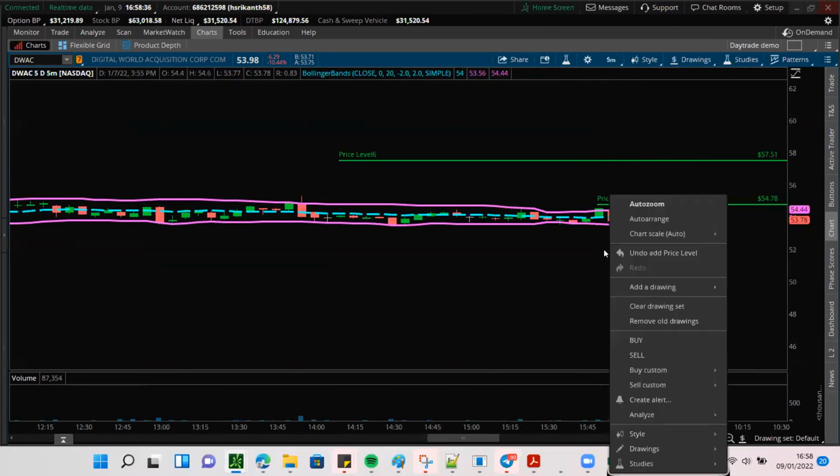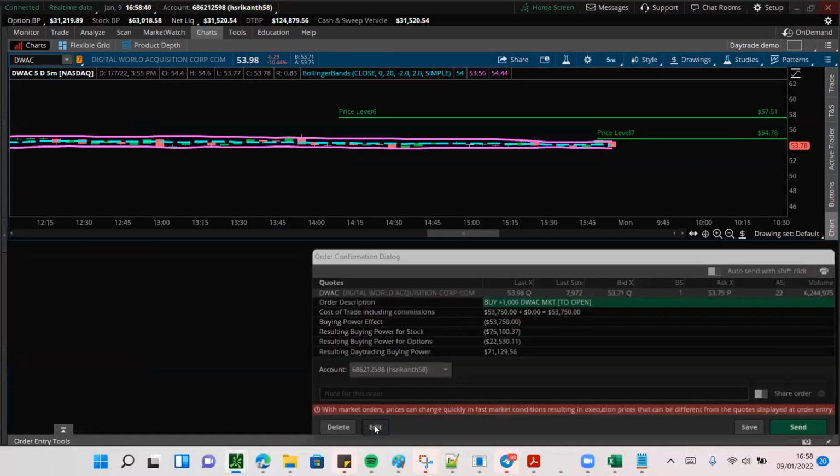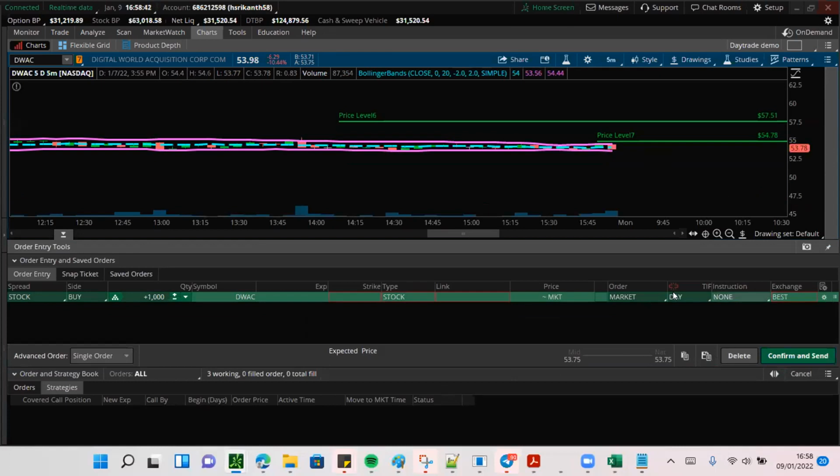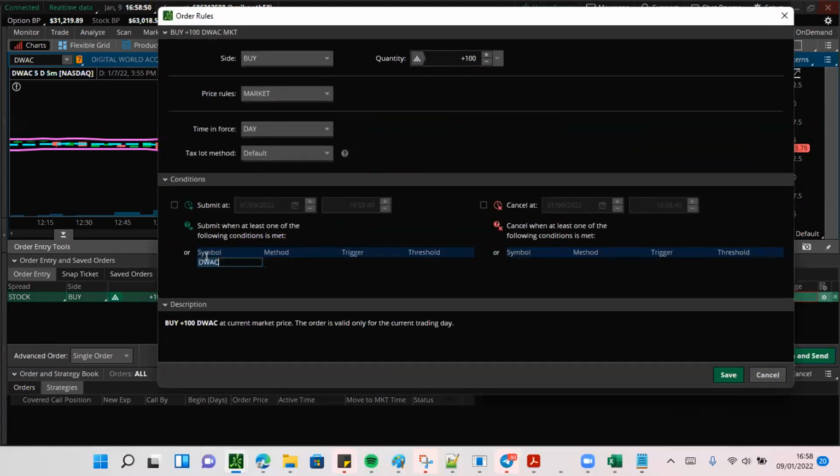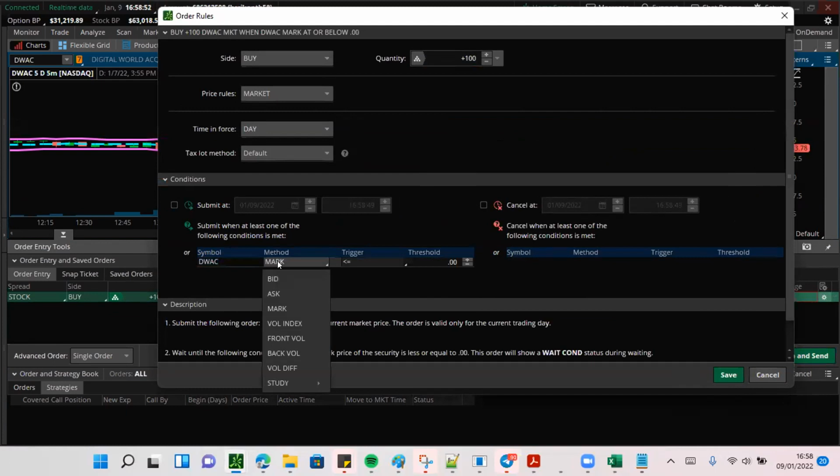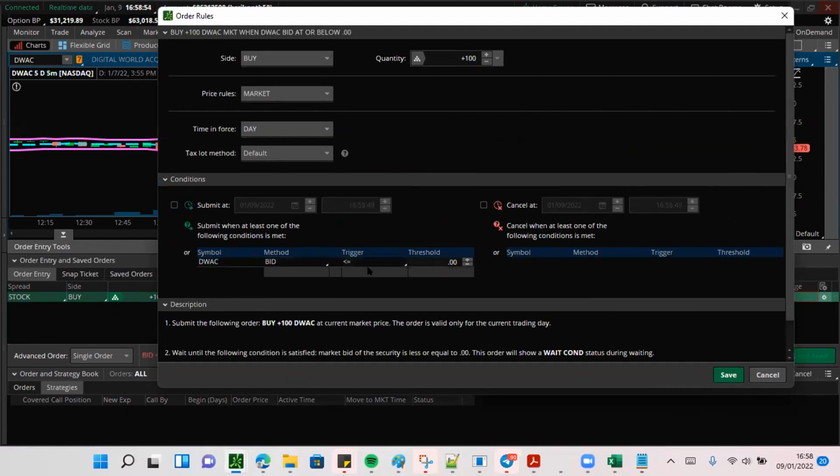So how do I buy it? Right click, you can just click buy. And let's say I want to buy 100 stocks. And I'll say here, DVAC, whenever the bid or ask is greater than 57, I want to buy.